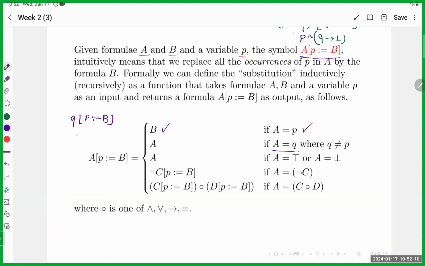Q itself, there's no substitution, because there is no P. Substitution doesn't do anything, so you get A itself.